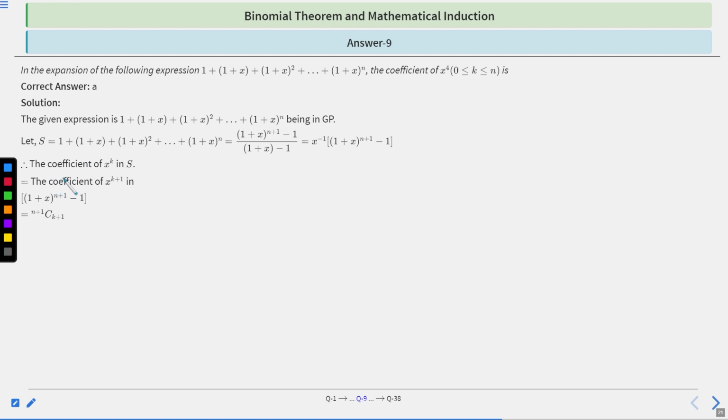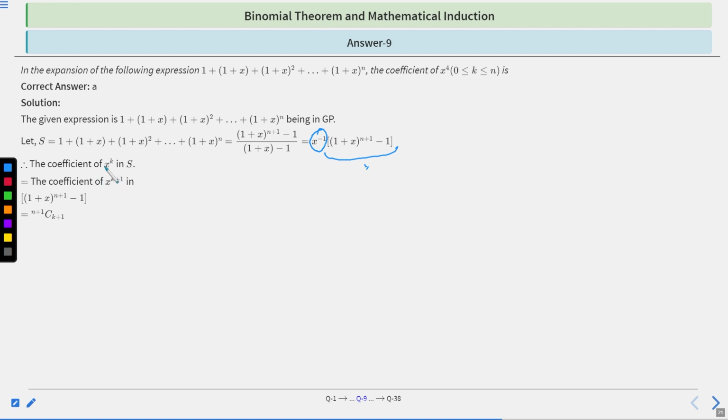Therefore, the coefficient of x^k in S is equal to the coefficient of x^(k+1) in this expression. Since it is x^(−1), in total we have to find the coefficient of x^4, so we have to find the coefficient of x^3 in this expression, right? Clear?